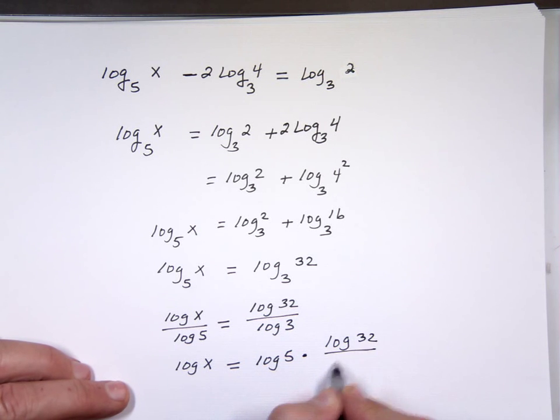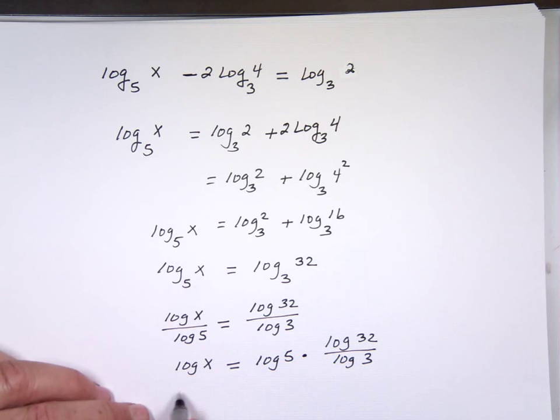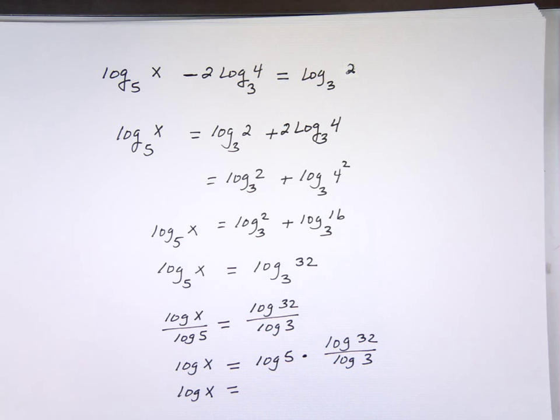So let me go to my calculator and multiply that out. What's log of 5 times, do the whole thing in one shot, log of 5 times the log of 32, close every parenthesis, divided by the log of 3. 2.205.